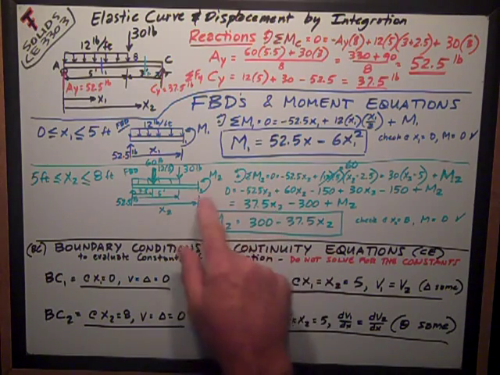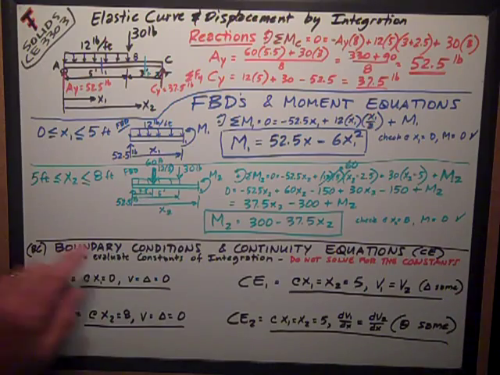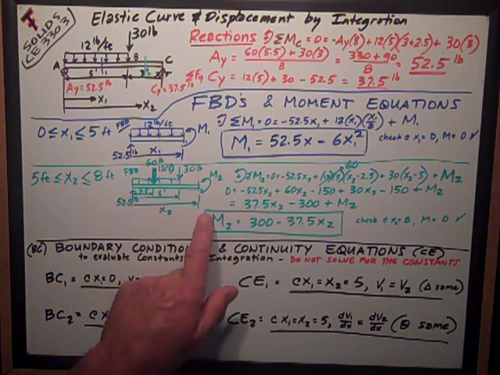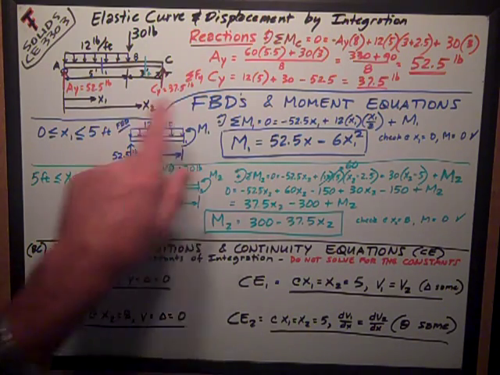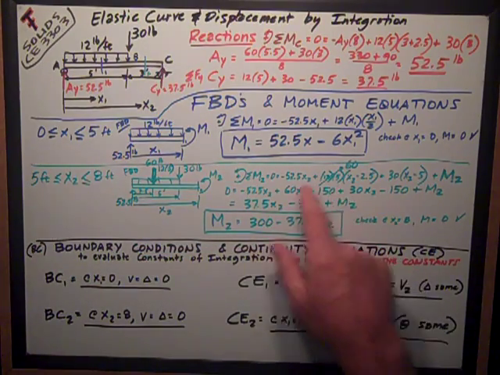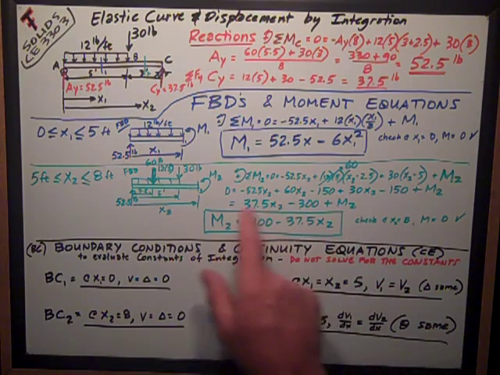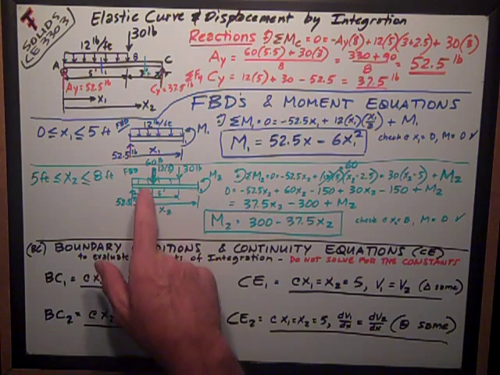Summing moments about point 2, counterclockwise positive. I still have negative 52.5 times x2. That's its moment arm from here, from the reaction at A. It's negative because it's clockwise. Plus my distributed load, which is 12 times 5 or 60 pounds, times the distance from this point to the centroid of that resultant, which is x2 minus 2.5.